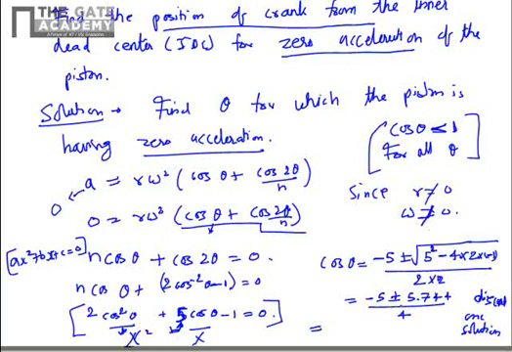The solution minus 10.744 by 4 is greater than 1 in magnitude, so we discard it and keep only the other one. So cos theta is equal to 0.744 by 4, that is 0.186.